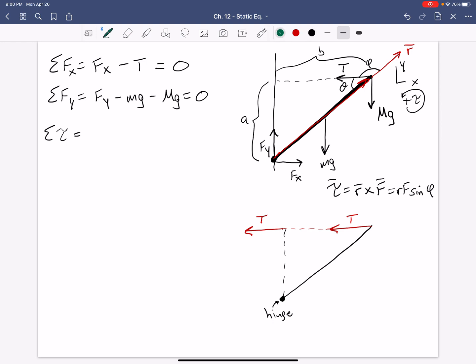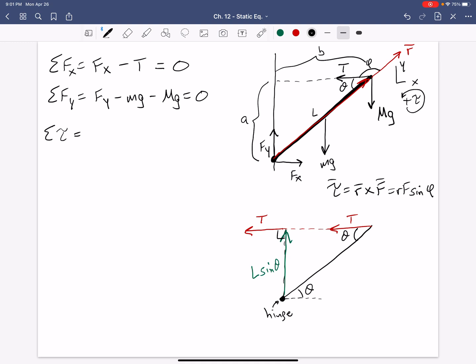So then what is this vector? What's that in green? If that's theta, that means this is theta as well. In green here, that means this is L sine theta, because the beam itself is of length L. And L sine theta and T are perpendicular.